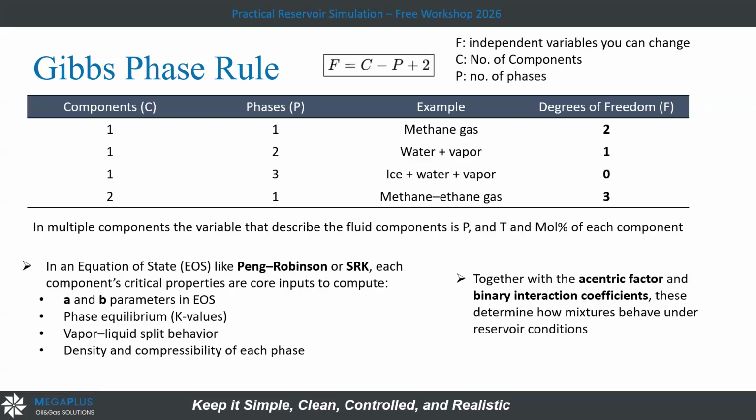Another example, when I say that I have one component, H2O, and this H2O is in three phases. Could that happen? Yes, it could happen. There is a certain pressure and temperature. I think at 37 degrees Fahrenheit as an example, and 0.018 psi, you will find that water could be in the three phases with each other.